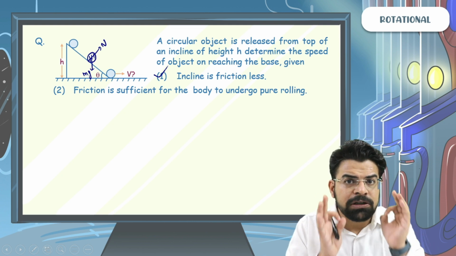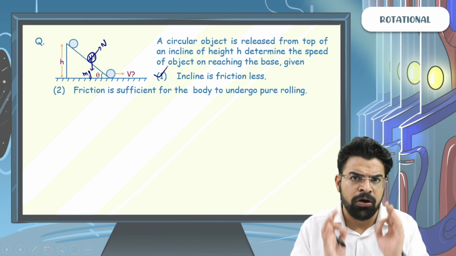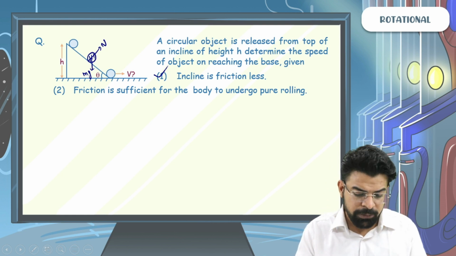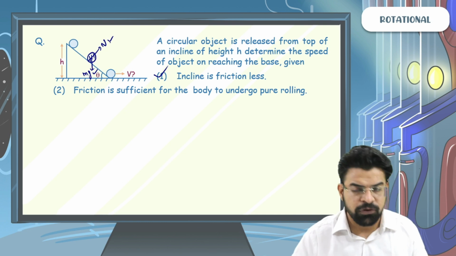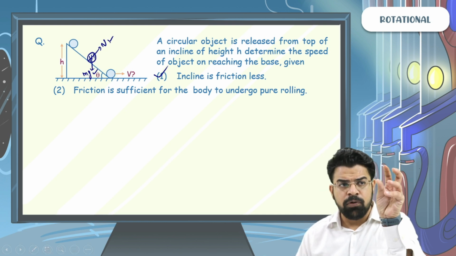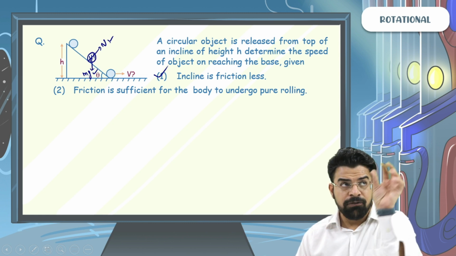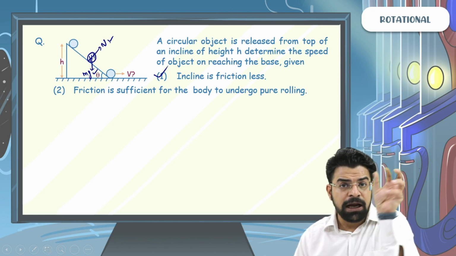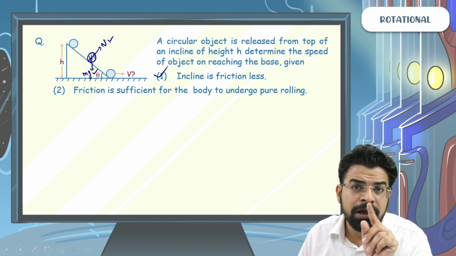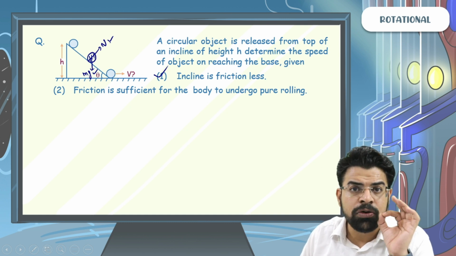So about the center of mass there will be no torque because of the force of gravity and the force of normal. Hence, this body won't roll at all. This body will simply slide down. It will only do translational motion and no rotational motion, because there is no force present to provide the torque.